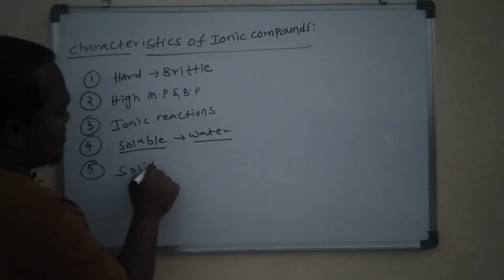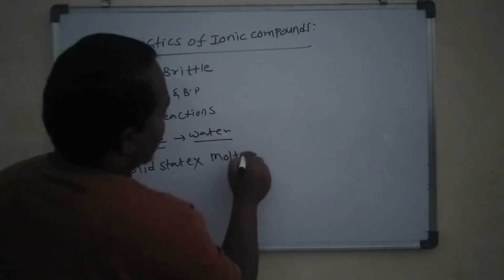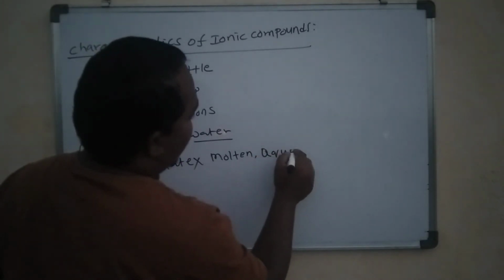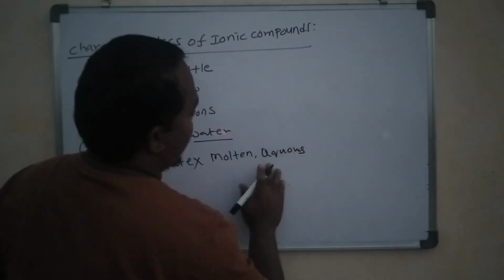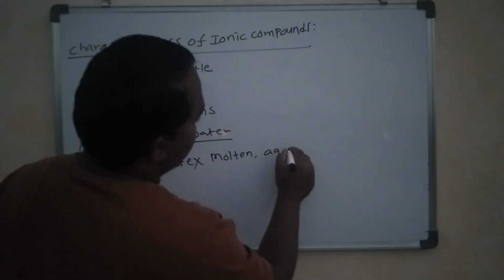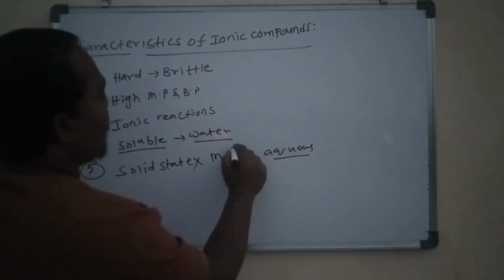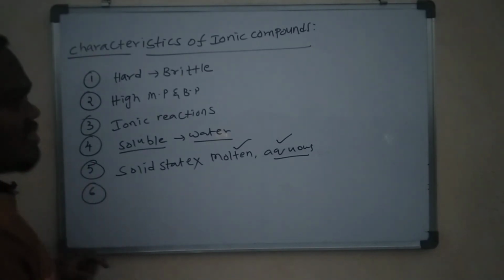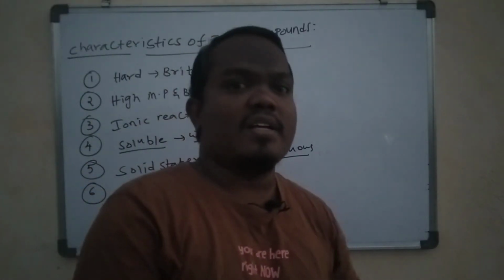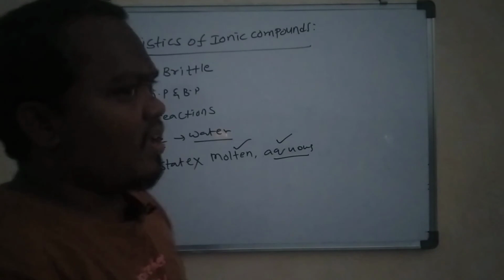In the solid state, they do not conduct any electricity, but when they are molten or in aqueous solution, they conduct electricity, as they form ions. And they do not have any stereoisomerism. So these are the general characteristics of ionic compounds.